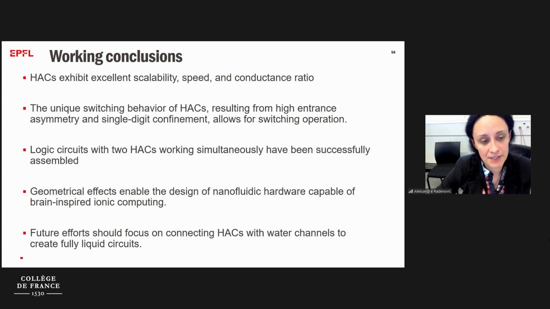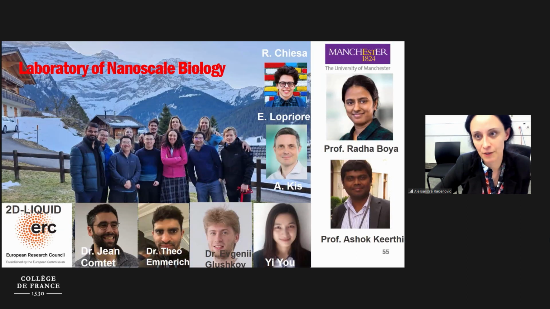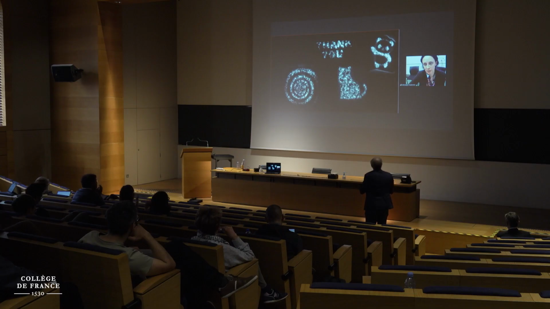And we see that these geometrical effects and the interplay with charged surfaces of the graphene of 0.1 coulomb per meter squared really play a big role, and that we should focus our future efforts on connecting more hacks and also use water channels to create fully liquid circuits. And with this, I would like to thank you for your attention. Thanks a lot.